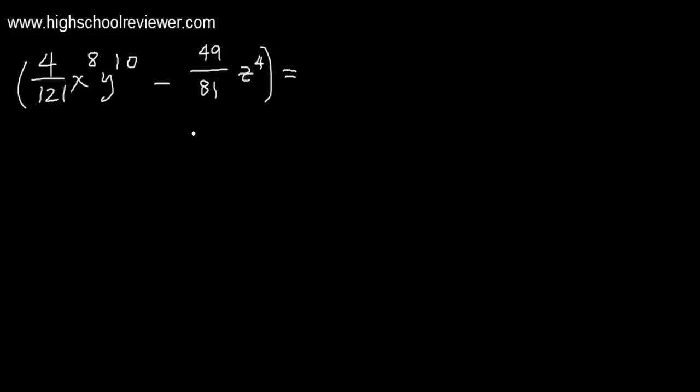To factor this out, let us first check if the two terms are perfect squares. 4 over 121 is a perfect square, same with x raised to 8 and y raised to 10. 49 over 81 is also a perfect square, as well as z raised to 4. We can now proceed in finding the square roots of the two terms.